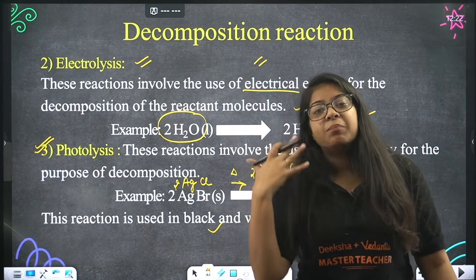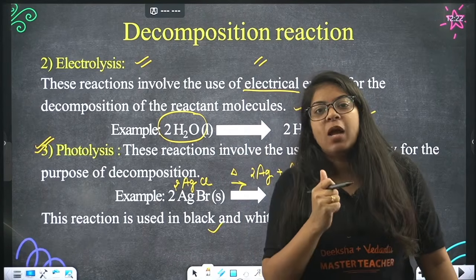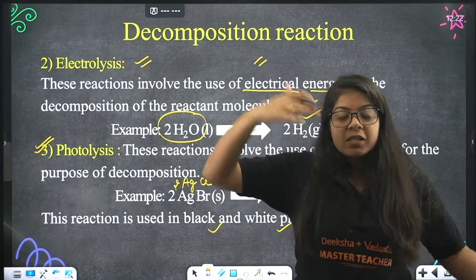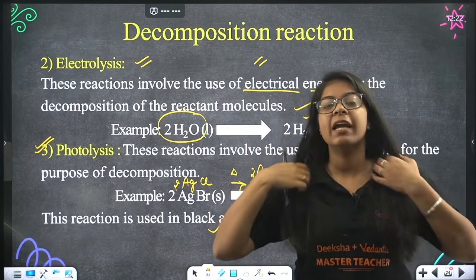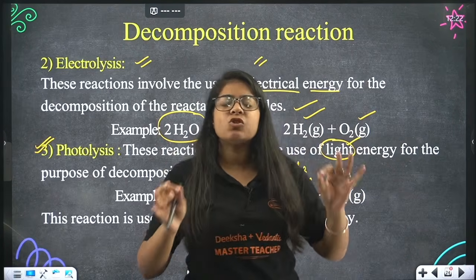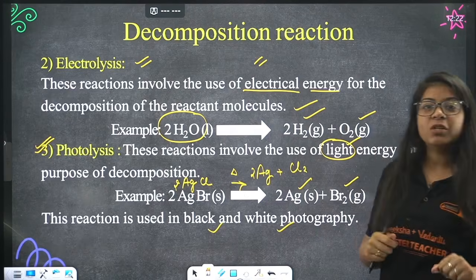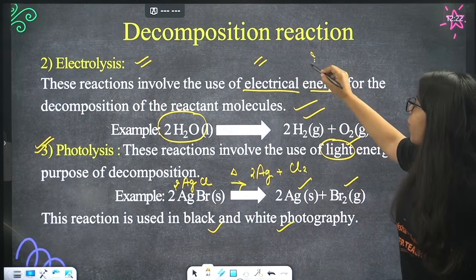You will study this in higher classes. If we can get that from water, there is plenty of water on this earth, right? If we can break down that water to get hydrogen as a fuel, that is very efficient for us as countries, as world powers.